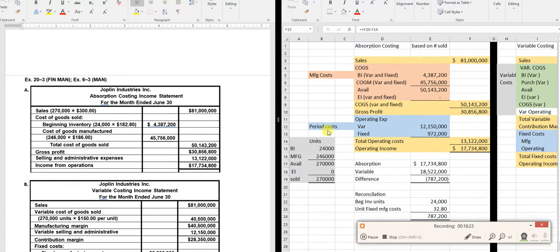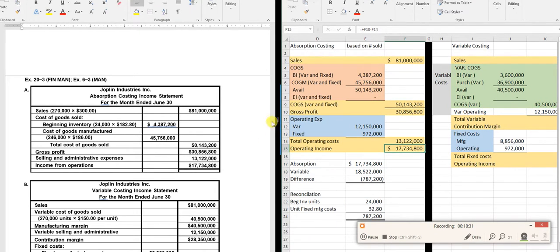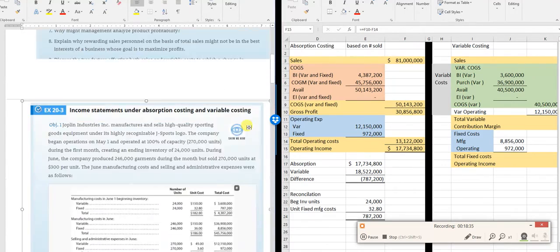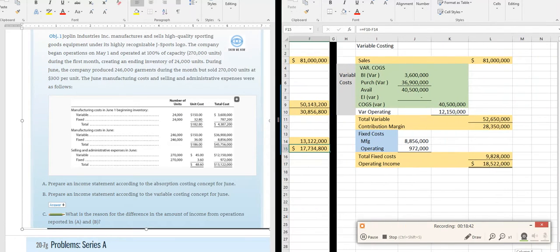Okay, so let's go to the variable costing one. I still have the same amount of sales, so I sold 270 at $300 per unit.